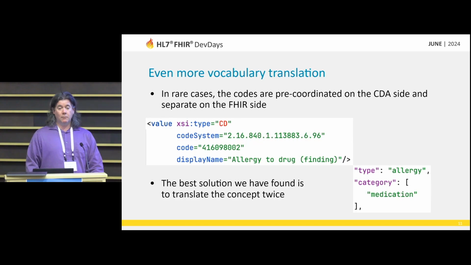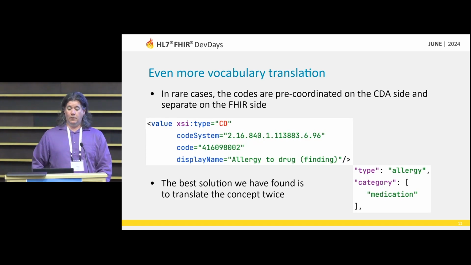Sometimes it gets even more complicated than that. We get systems where there is some pre-coordination. In this case, which is the allergy and intolerance, in the FHIR, we have 2 distinct fields, type and category, one of which distinguishes whether it's an allergy or an intolerance. The other distinguishes whether the allergy is to a medication, to a food, to an environmental substance.